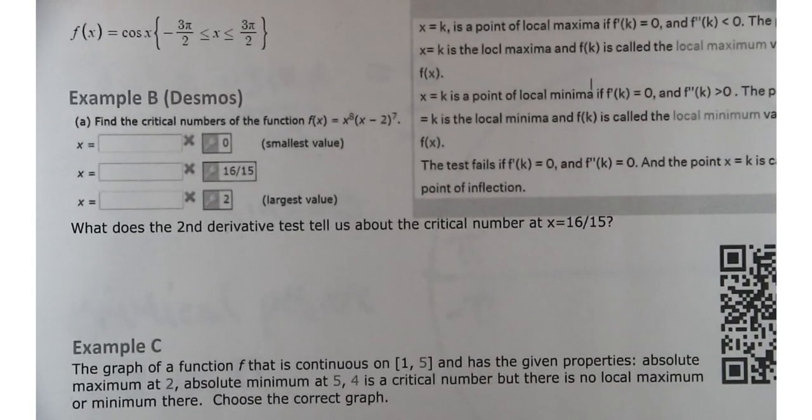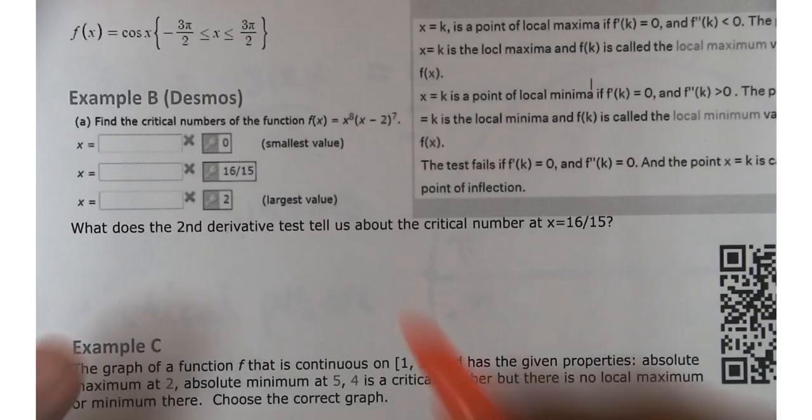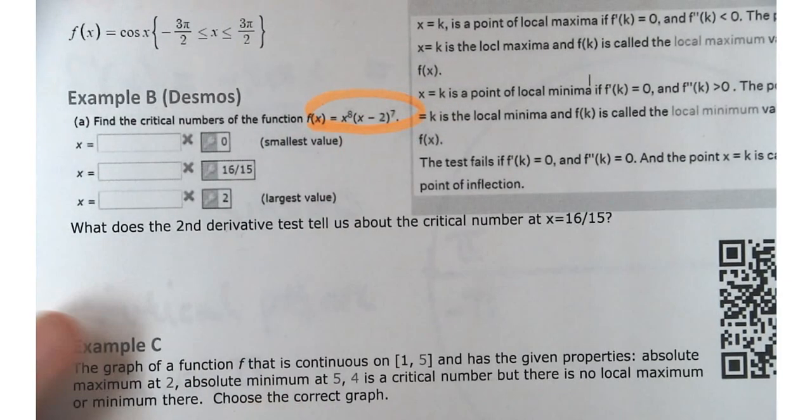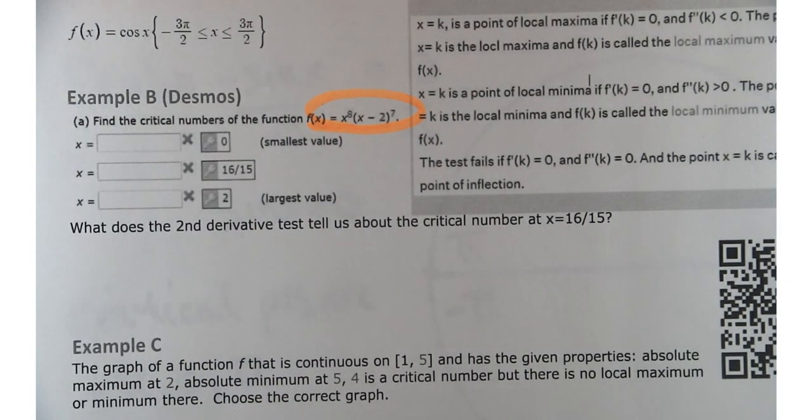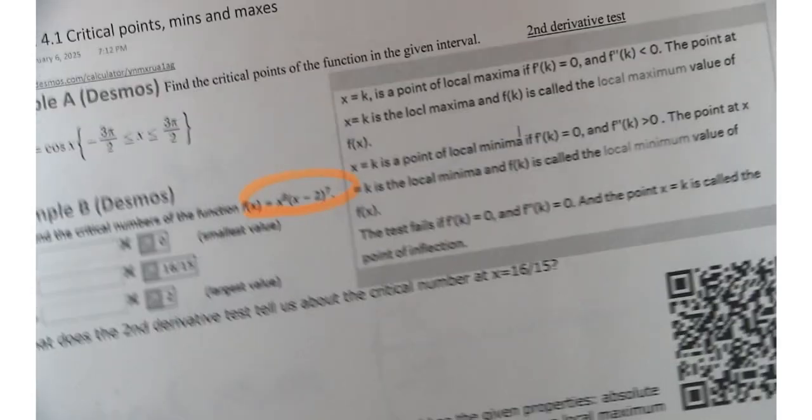We want to find the critical numbers of this function right here. So it says, all right, let's find critical numbers of x to the 8th times x minus 2 to the 7th power. Okay, we'll work on that.